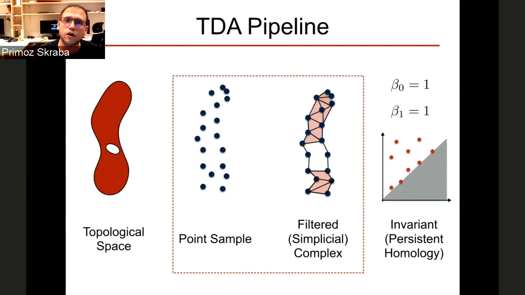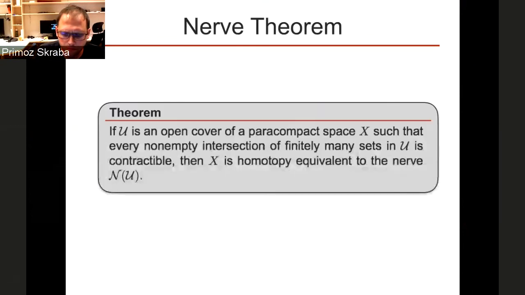This is usually the hard part in any, let's say, approximation theorem. So this is really what we're going to talk about today. I think most TDA papers, if not all TDA papers, use the Nerve Theorem, the classical Nerve Theorem, either explicitly or implicitly.